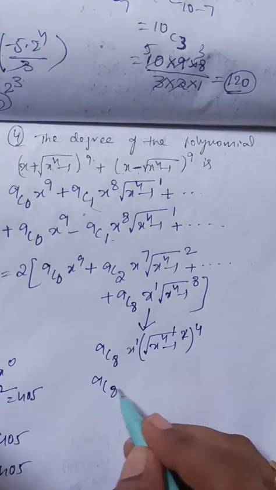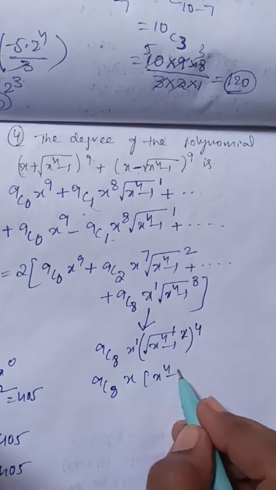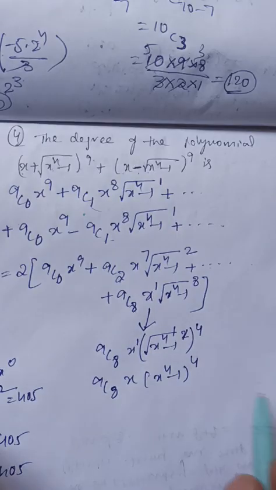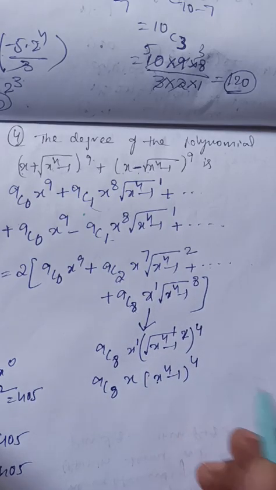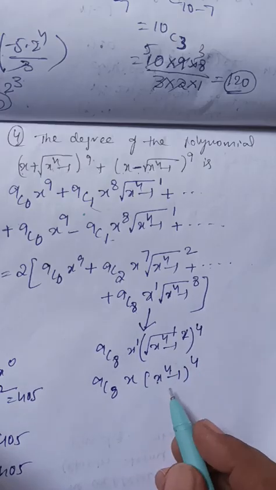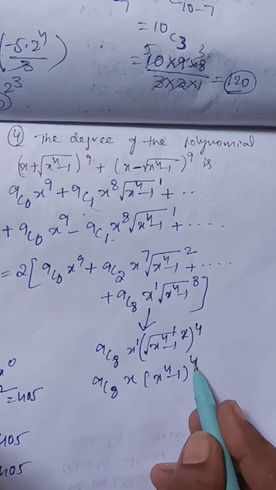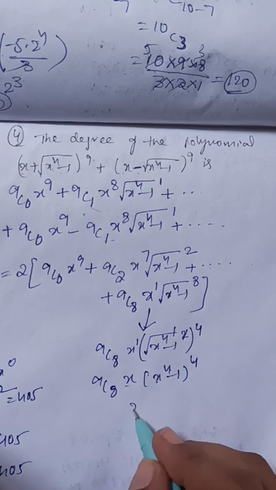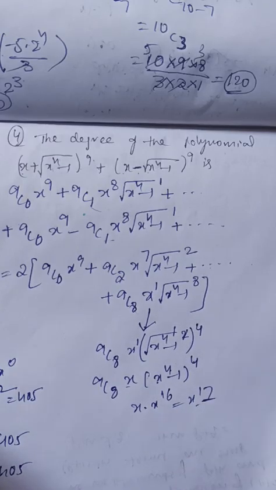So 9c8 x and the root cancelled, (x power 4 minus 1) whole power 4. After expanding, x power 4 into 4, it will be x power 16, and this is 1. So x into x power 16, x power 17. So this is the highest power.